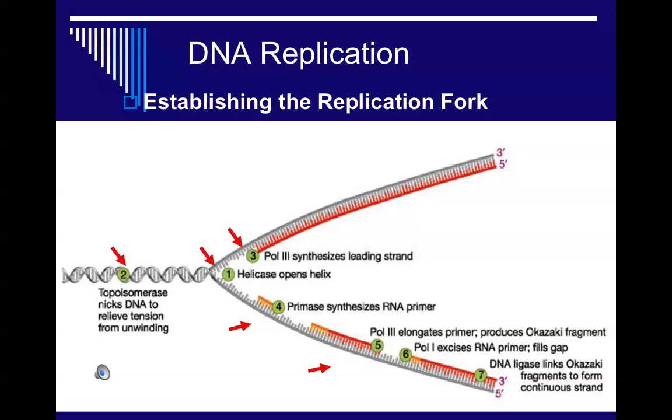Now, once we've filled in the gaps, and we now have, hopefully, a nice, almost complete DNA piece on the lagging strand, now we're going to need to seal up that sugar phosphate backbone. And to do that, we're going to need DNA ligase. DNA ligase, as the name implies, is going to ligate or sort of sew together all of those nucleotides that were now lined up and assembled on the lagging strand.